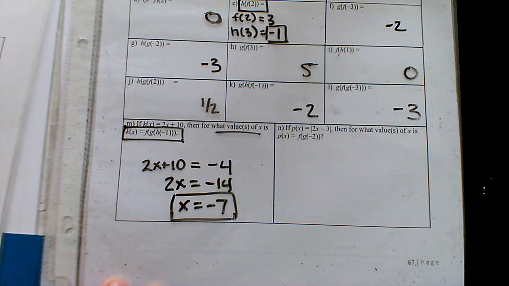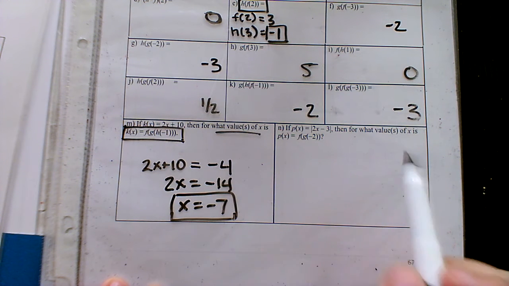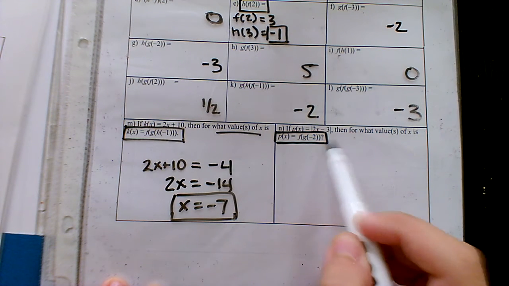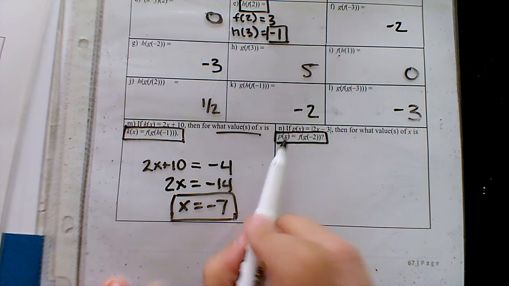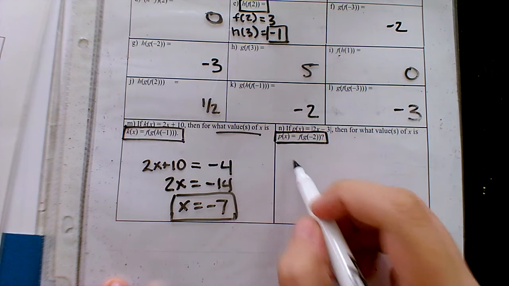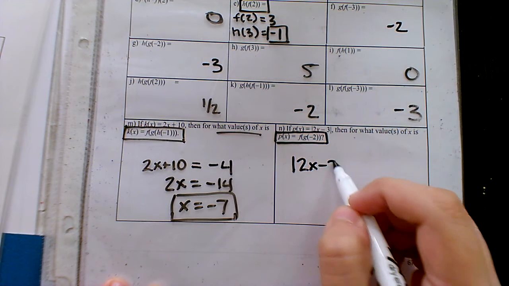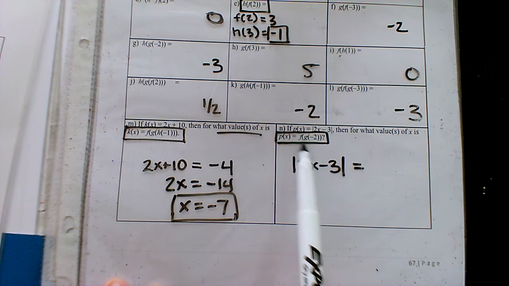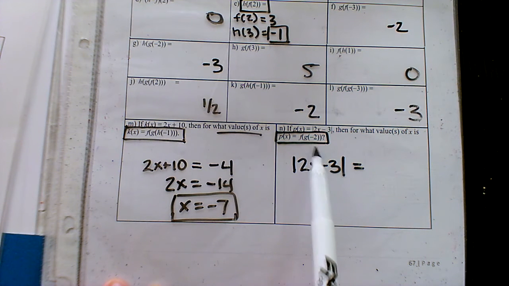All right, let's check out N. If P of x is the absolute value equation, solve for x that would make this statement true. So on the left-hand side, P of x, we can rewrite that as the equation they gave us, and we want to set it equal to whatever this function notation is representing.